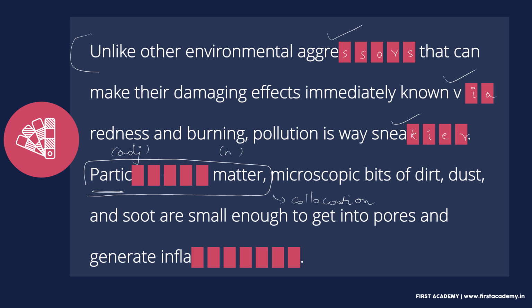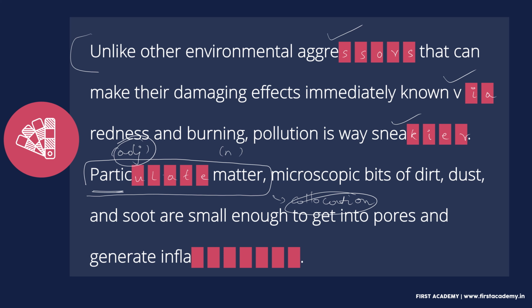Now matter, partic, we know the word should be related to particles. So matter that contains particles would become particulate matter. So not only are we looking at a word form, we're also looking at our ability to understand collocation. So particulate matter, that is one.